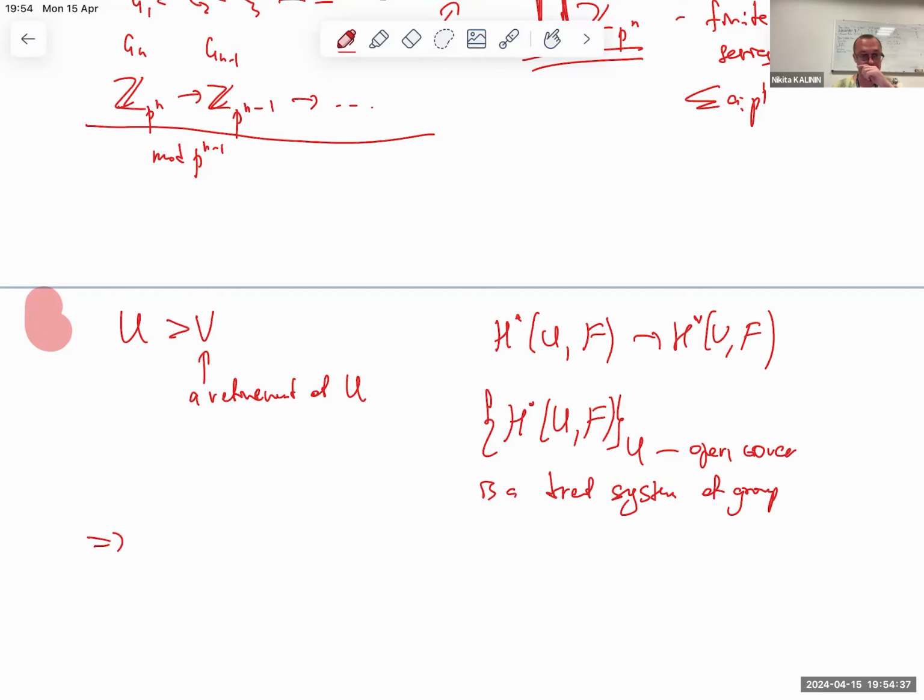So we can take the direct limit and say that it is the Čech cohomology of X with coefficients in F. That's the direct limit of this thing.